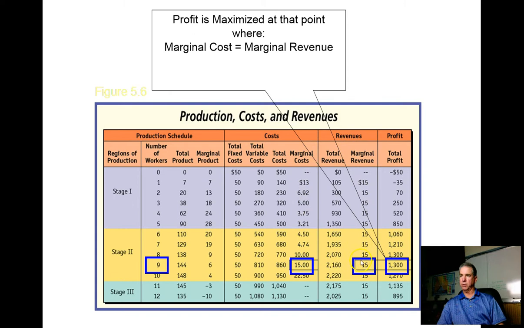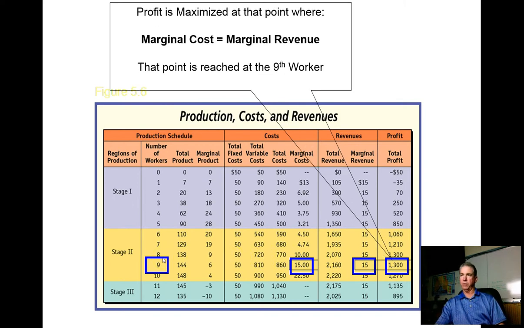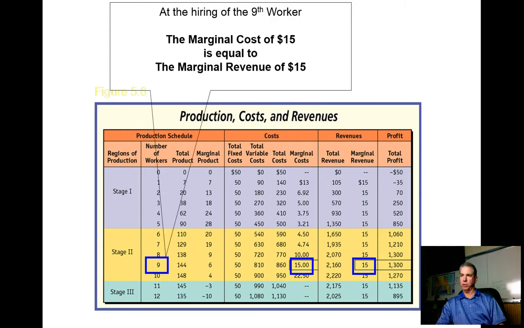Right there. $15 marginal revenue, $15 marginal cost. At that point where those two are equal, we maximize our profit, and now we know that at that point we have the 9th worker. So marginal cost, marginal revenue equal at the 9th worker. Therefore, we want to hire 9 workers because at that point we will maximize our profit.